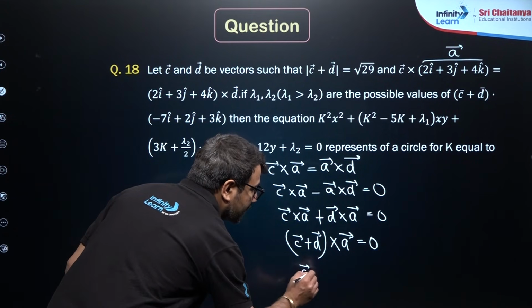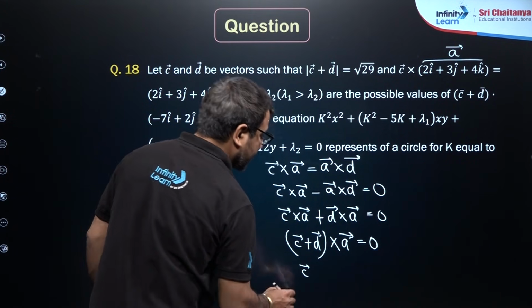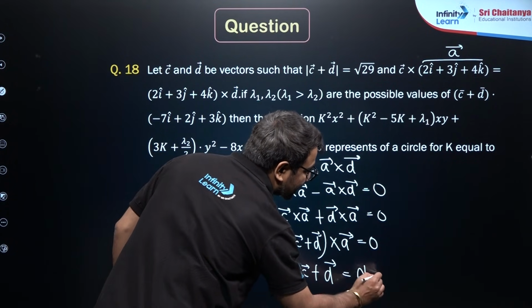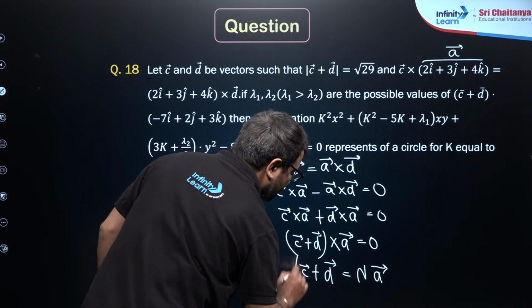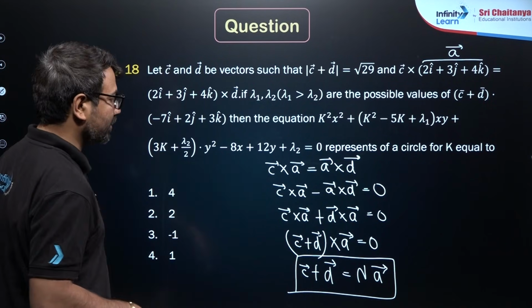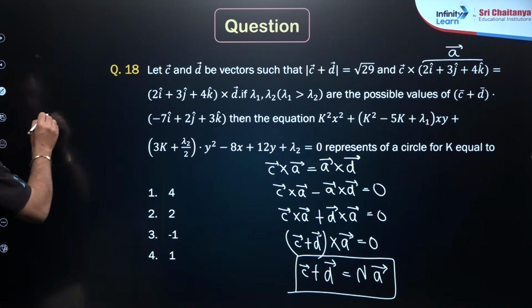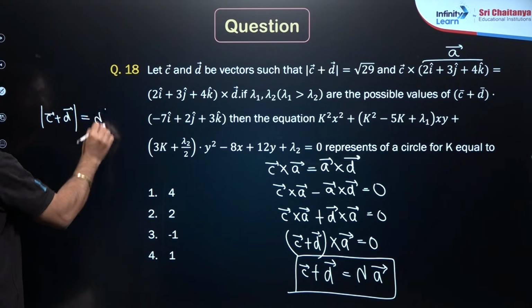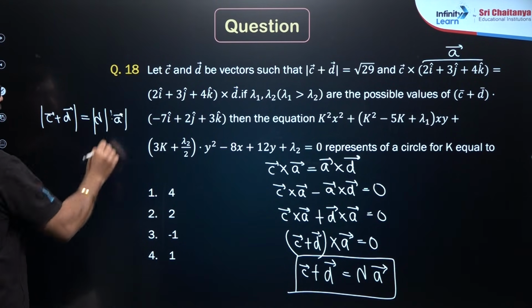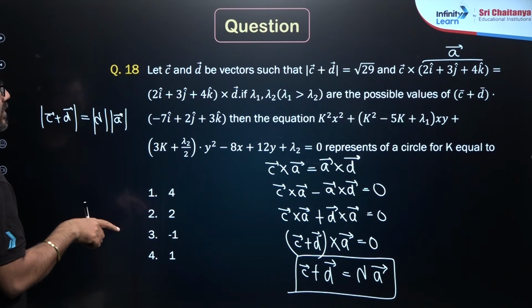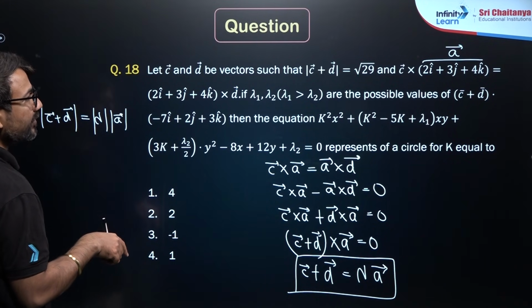So you will be able to write here that C plus D will be lambda times vector A. Lambda 1, lambda 2 are already given, so lambda times vector A. Now the magnitude of C plus D will be lambda times the magnitude of A. The magnitude of C plus D they have already given in the question.